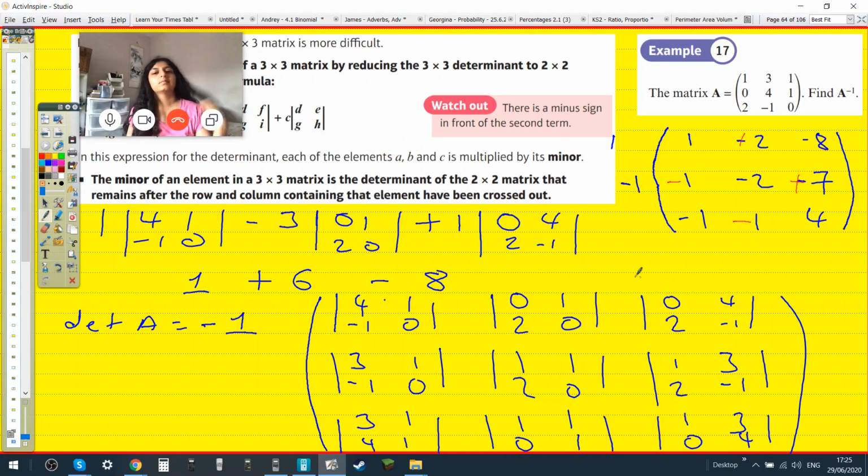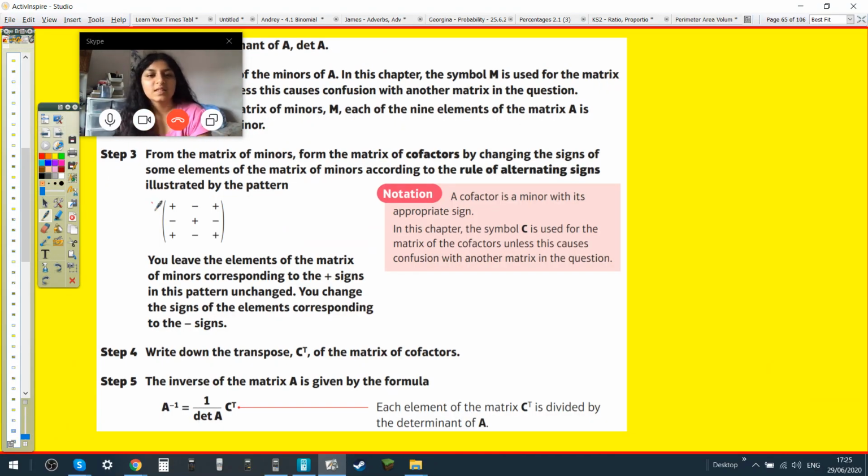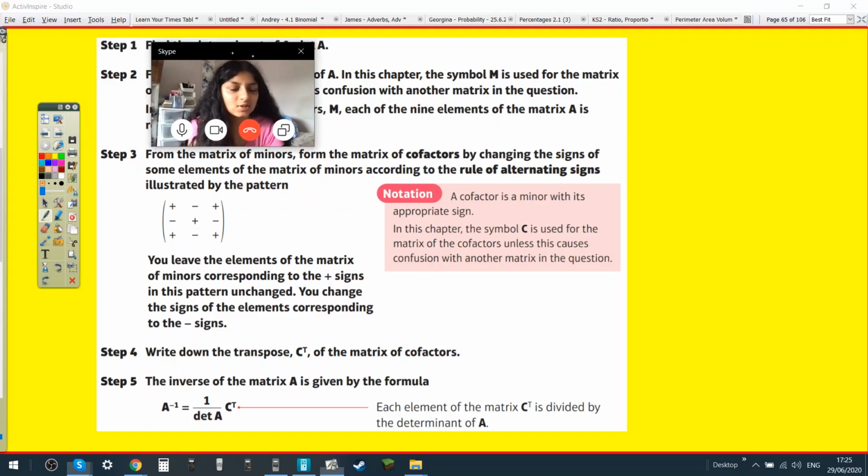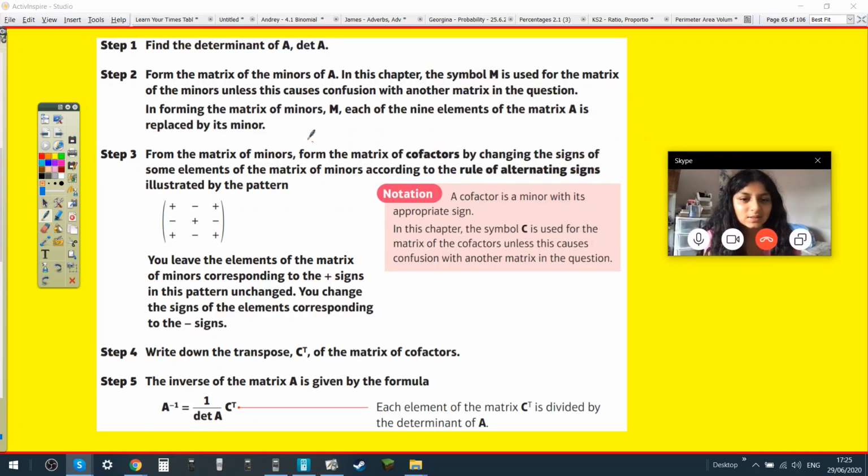That is it. It says you have to change the transpose. Isn't that when you swap the rows and the columns? Let's see. Find the determinant of A. Form the matrix of the minors.